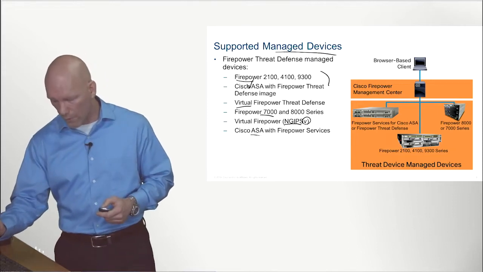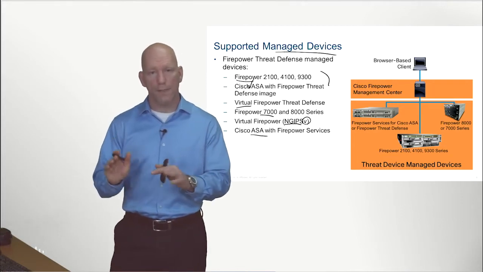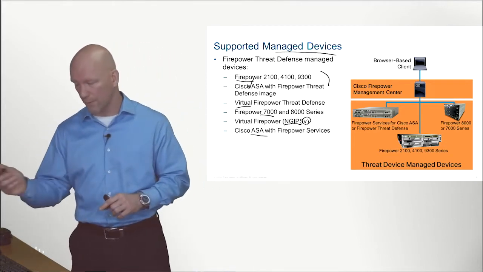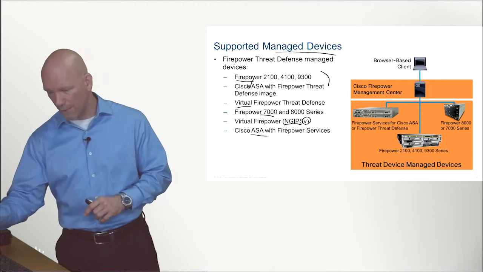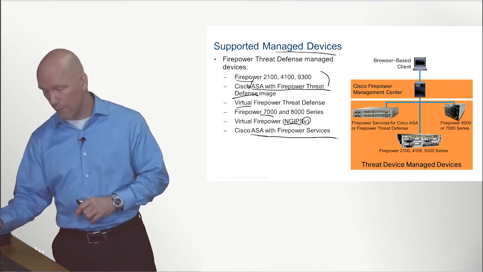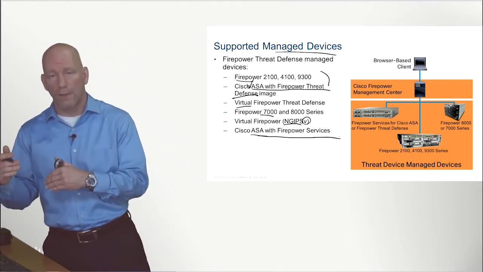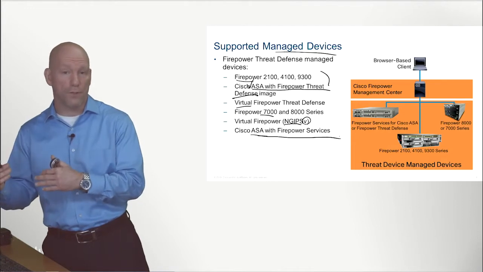And then also ASA with just Firepower Services. Now give me some time, we're going to go over these in more detail in other lessons, other topics, but please understand the difference between ASA with Firepower Threat Defense and just ASA with Firepower Services, because again, there is a difference in the generation of the appliance and the features that are supported.